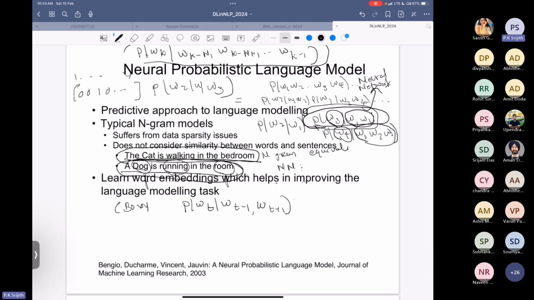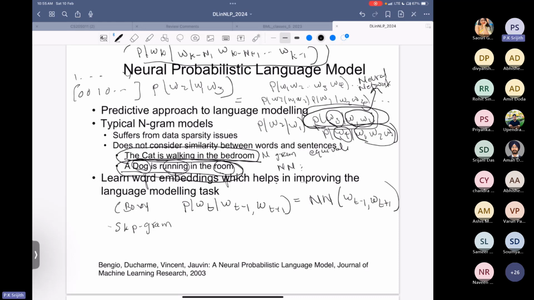You try to obtain this probability by using a neural network, which considers W_{t-1} and W_{t+1} as input and tries to predict the probability of W_t.